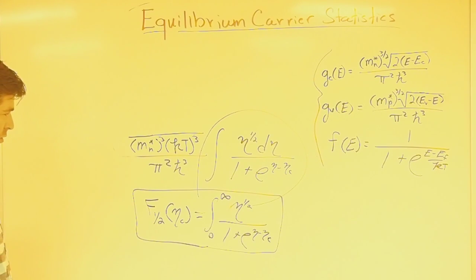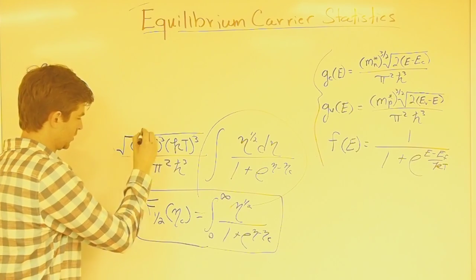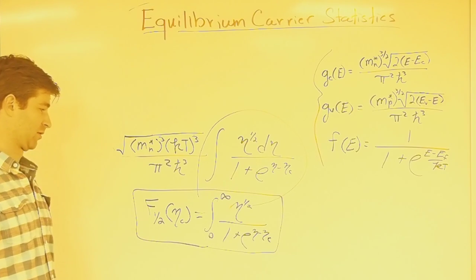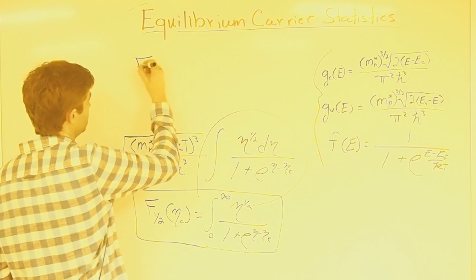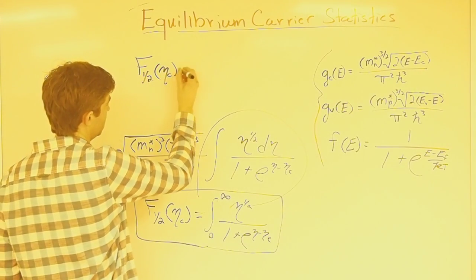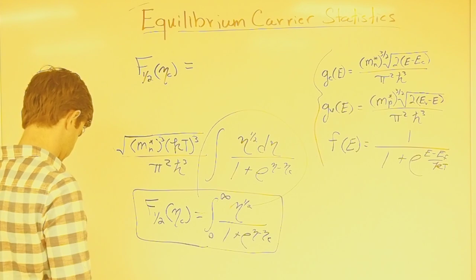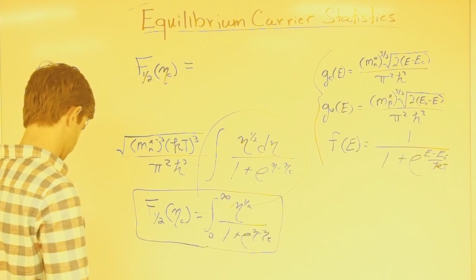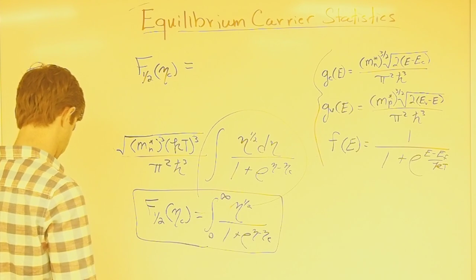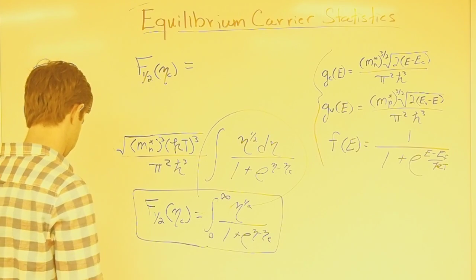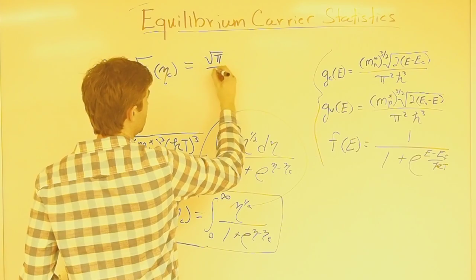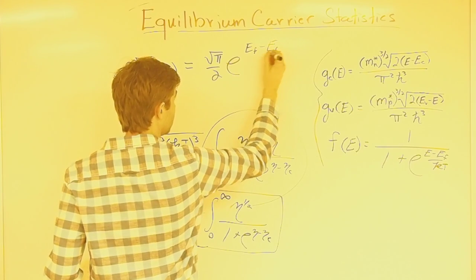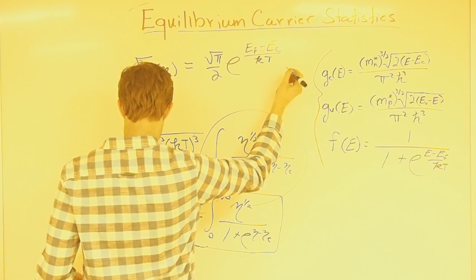And for a non-degenerately doped semiconductor, this term can be simplified to root pi over 2 e to the E_F minus E_C over kT, just like that.